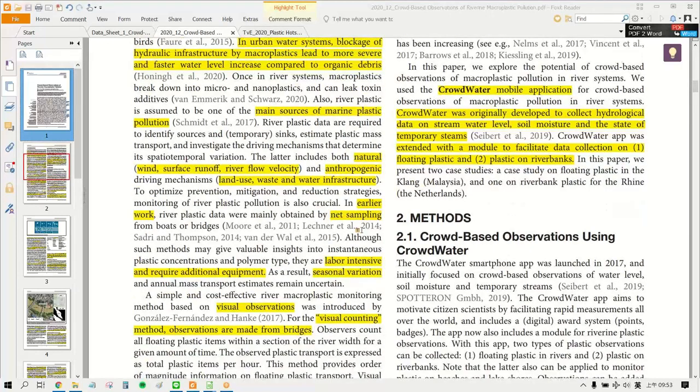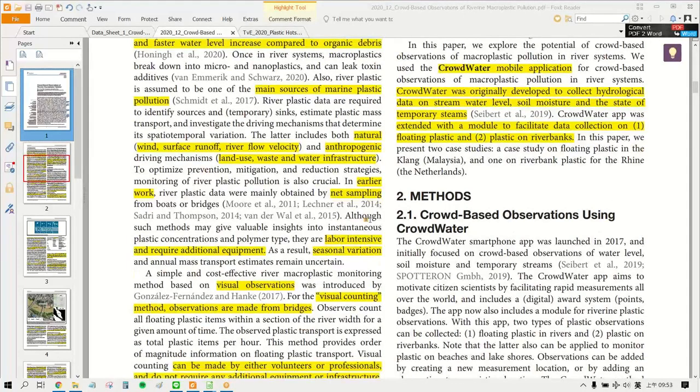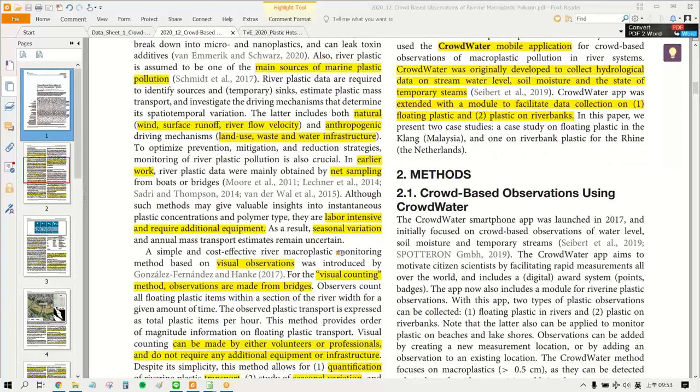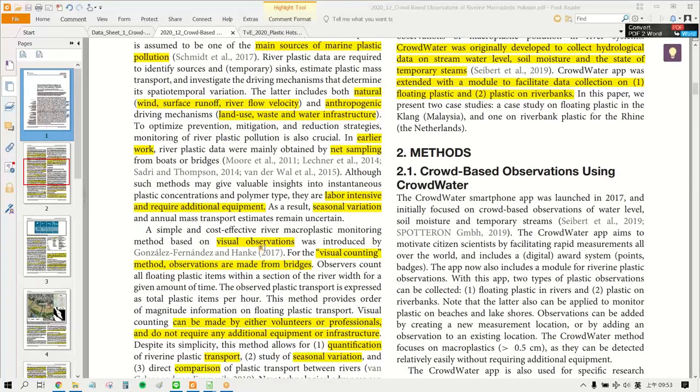In earlier works, river plastic data were collected by net sampling methods, but it's labor intensive and requires additional equipment. Because it's very difficult, seasonal variation still remains uncertain. So visual observation is a new method. For the visual counting method, the observations are made from bridges.